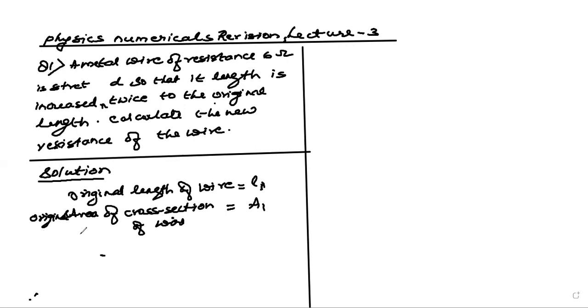Got it? So resistance R is equal to rho into L1 upon A1.